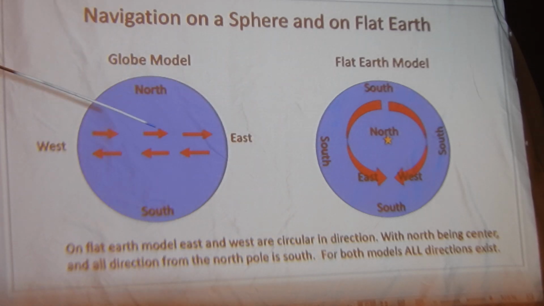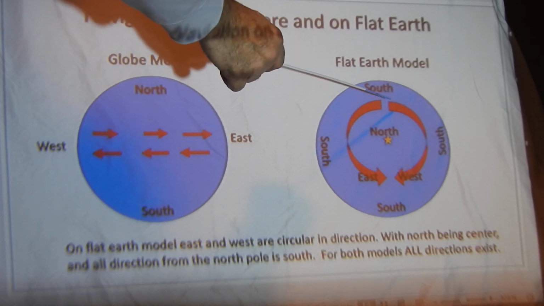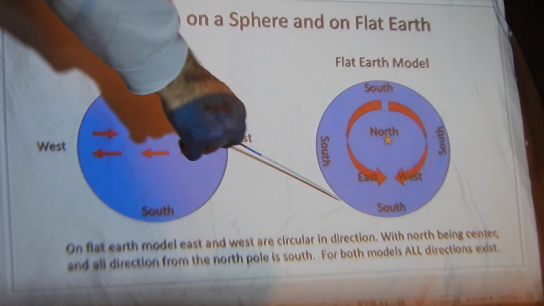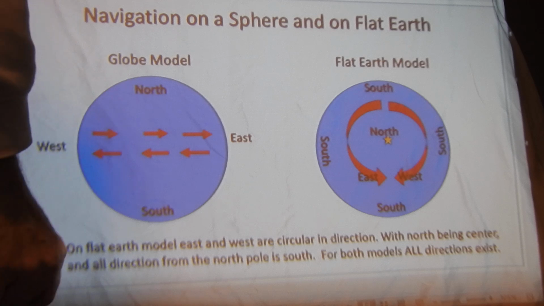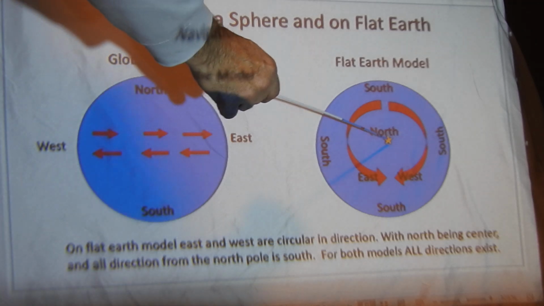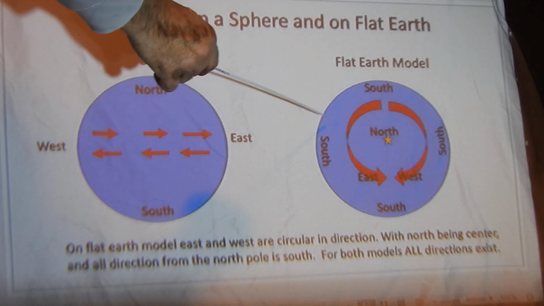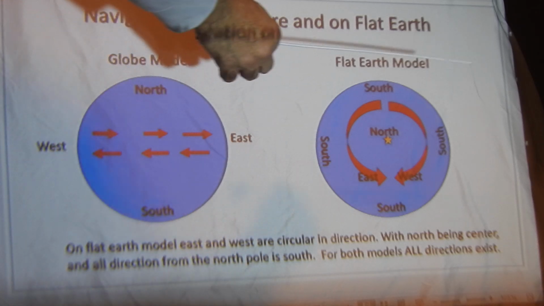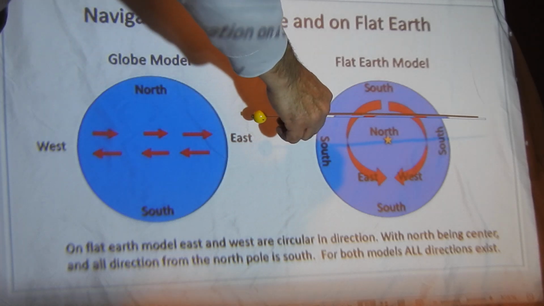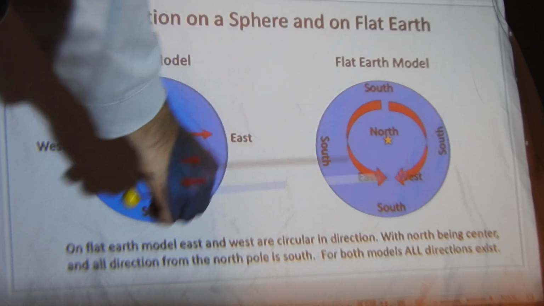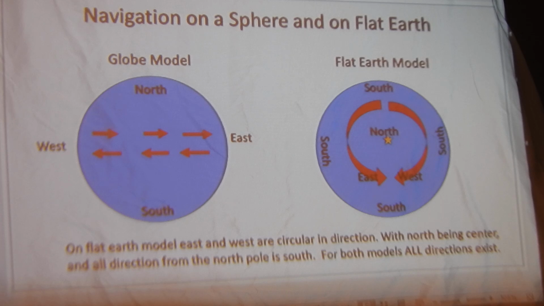You can get all directions on the flat earth model as you do on the globe model, but any direction outside of it is south. Meaning the magnetic north is in that center, and then a direction south is directly outside that. And if you were to use dead reckoning, eventually you would go south, going left or right or top and bottom.